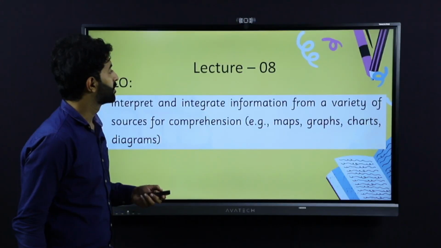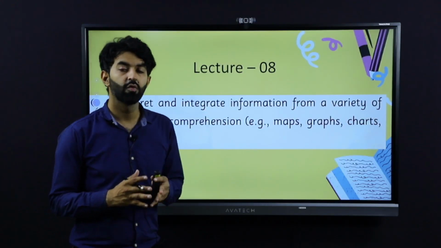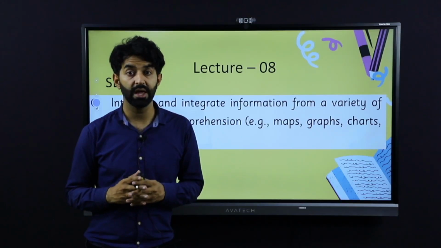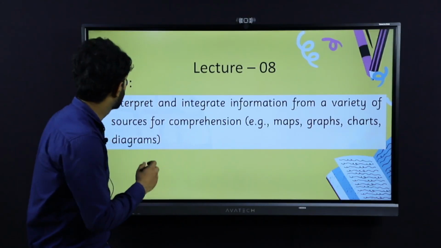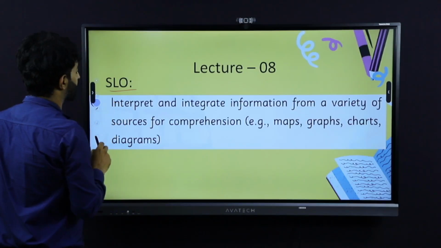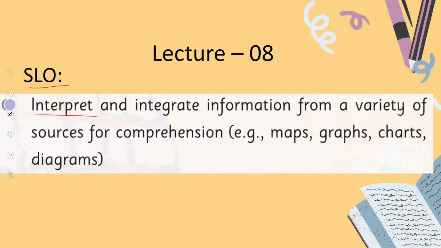Now, after this, we will be covering our lecture number 8 in our series. Interpret, which means to tell it in your own words, and integrate or get information from a variety of maps, graphs, charts.